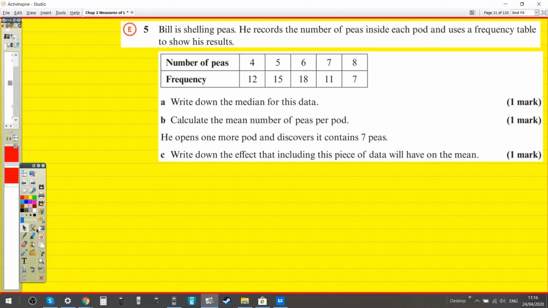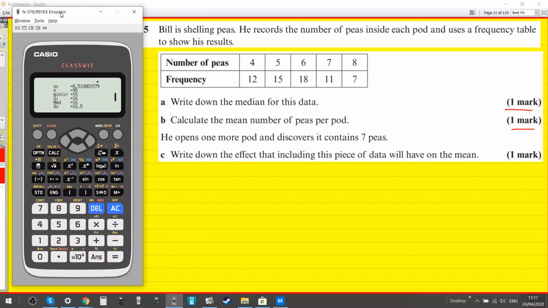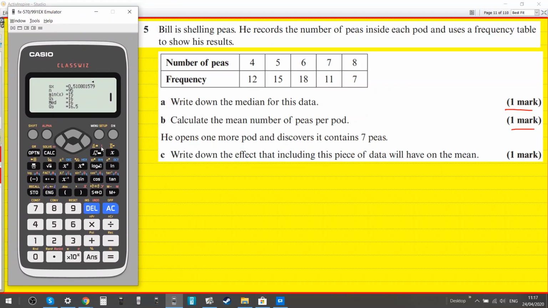Yeah, and they're all one markers, so there's no extra marks for showing working out. It's just to get the right answer. So put it into your calculator. Tell me if you're having difficulty finding those.